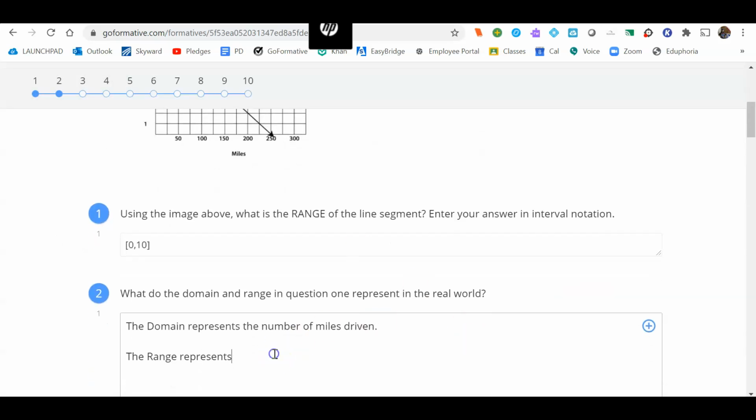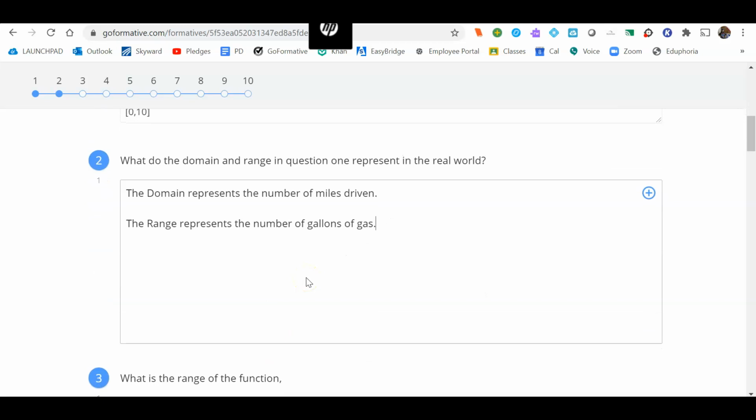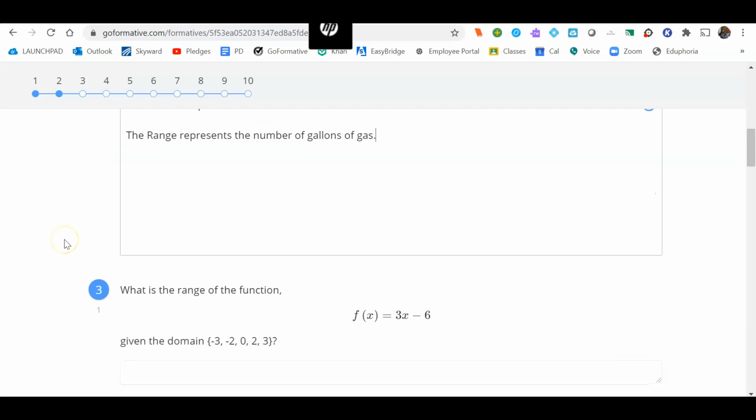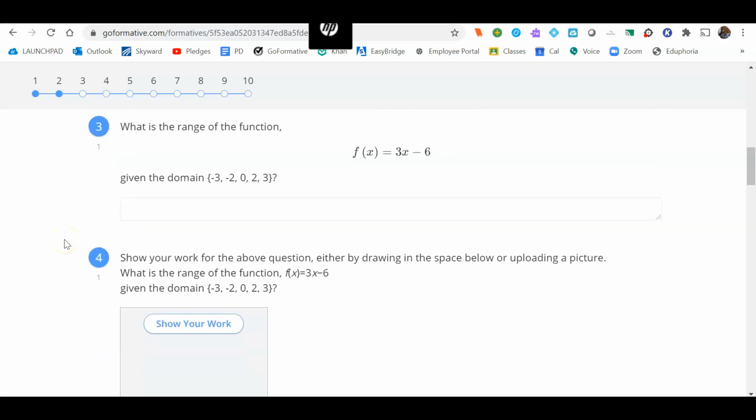So the range represents the number of gallons of what? Of gas, because we're driving. Cool? So this is an open-ended question, but you need to make sure that you answer it in a complete sentence. Don't just put miles. Don't just put gallons. That's part of your answer, but a nice complete sentence, because we are trying to be well-rounded individuals.